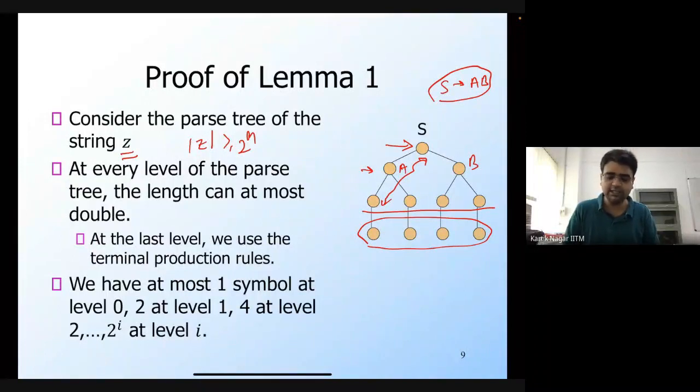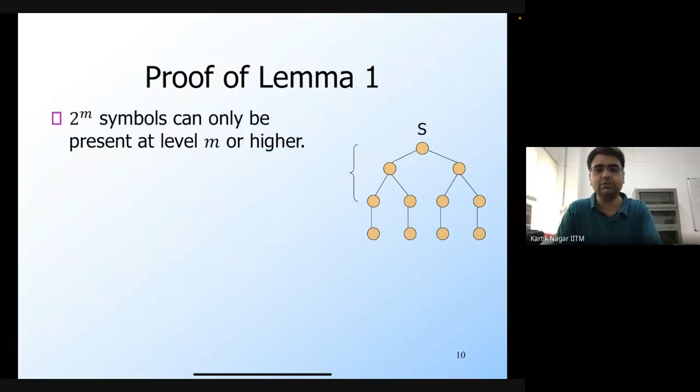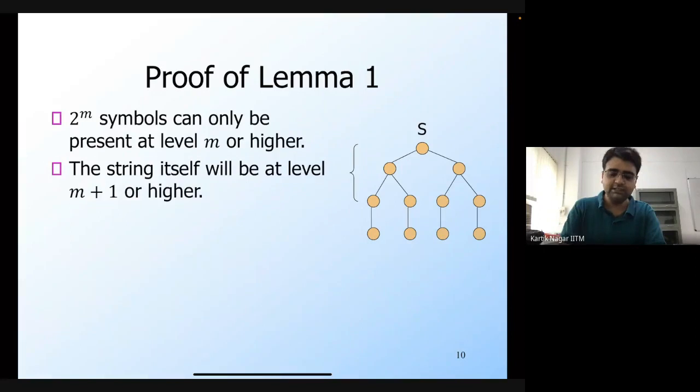So in the sense that only at level m can I get 2 to the power m nodes. So therefore this must be level m. So 2 to the power m symbols can only be present at level m or higher, which means that the string itself will be at level m plus 1 or higher.